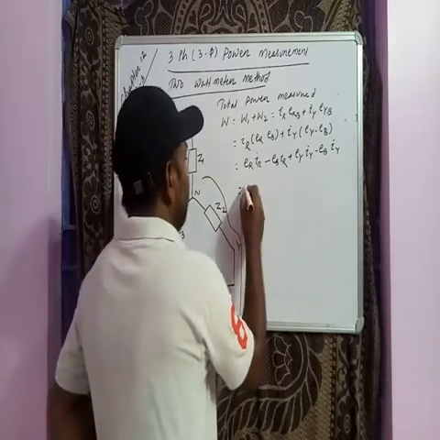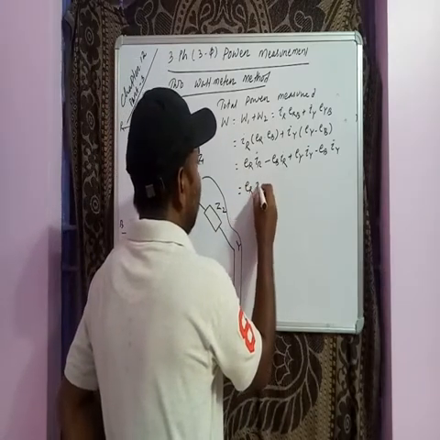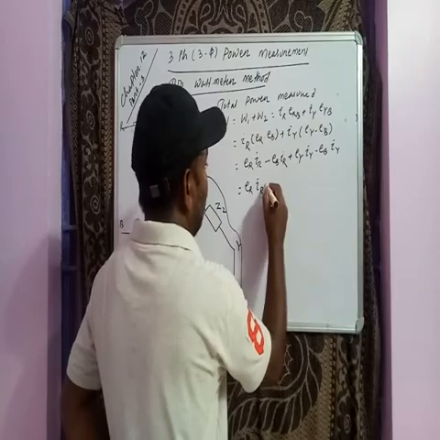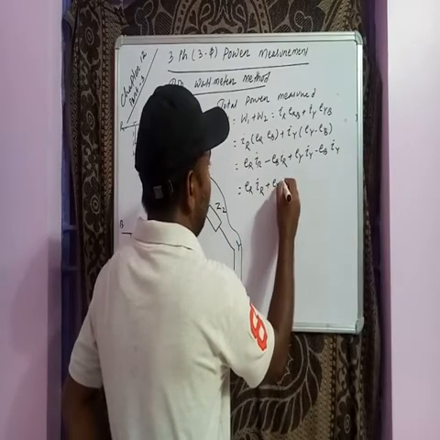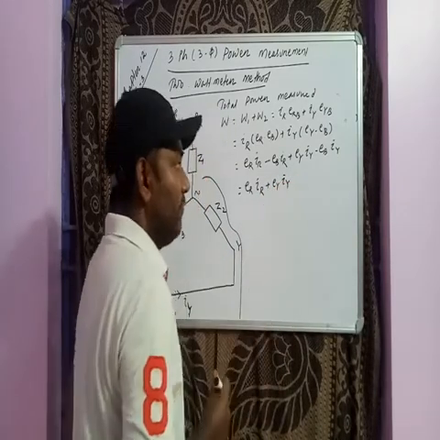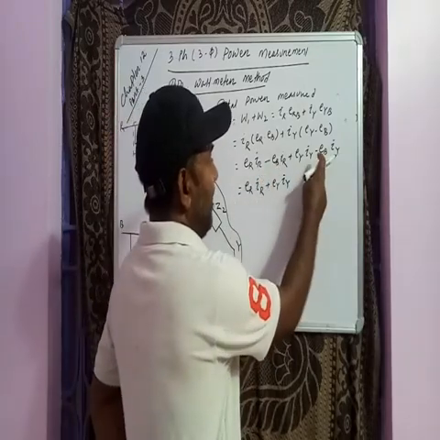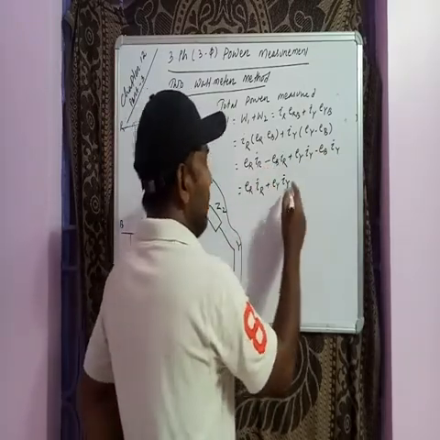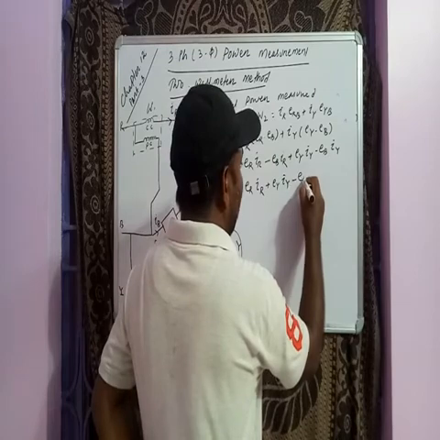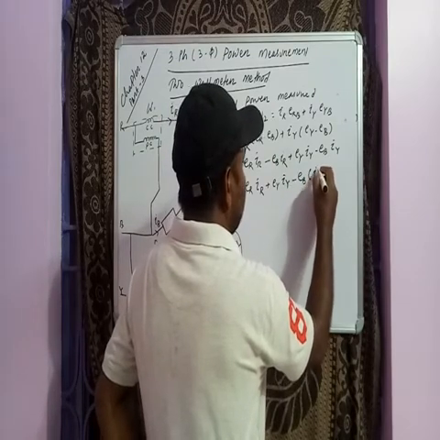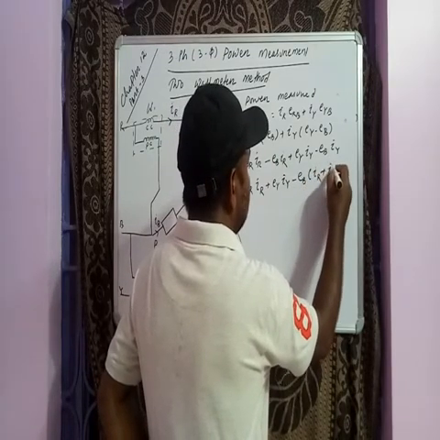So here it is ER into IR plus EY into IY. Then EB, minus is there. If we take minus EB common, then this is IR plus IY.